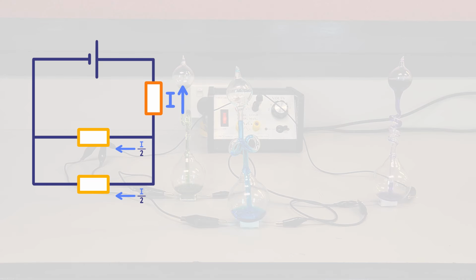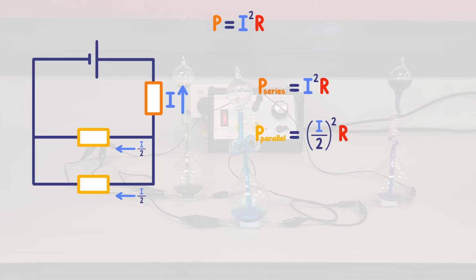To explain this, recall that power can be written as current squared times resistance. For the resistor in series, this gives the power as simply I squared R. For the resistors in parallel, the current halves, giving a power value of (I over 2) squared R, which simplifies to I squared R over 4, a quarter of the power used by the resistor in series.